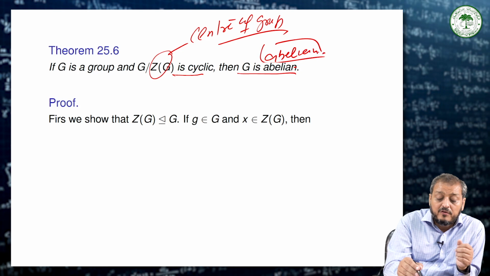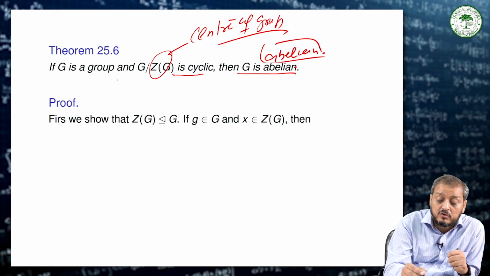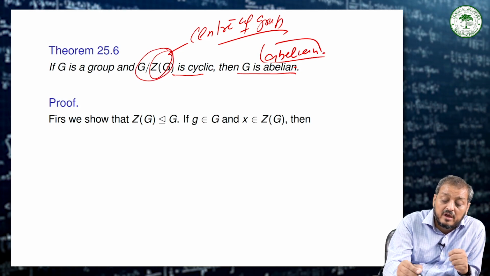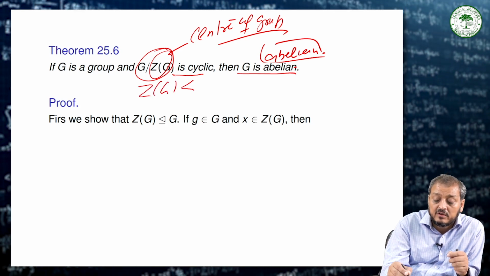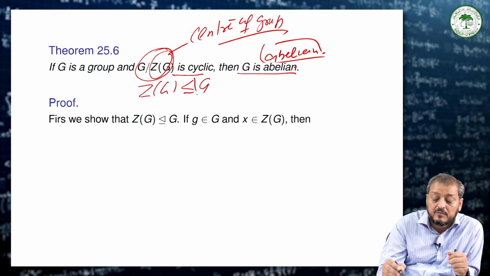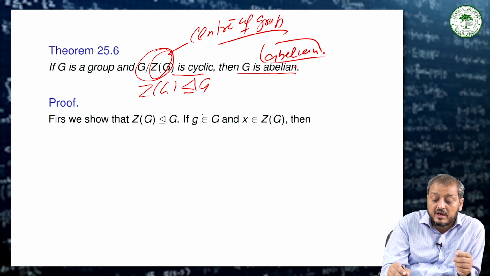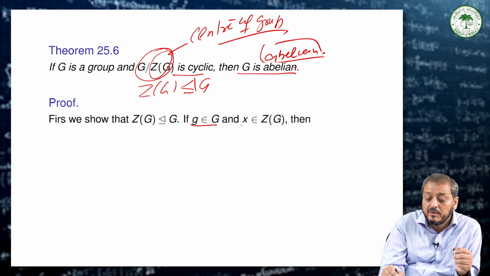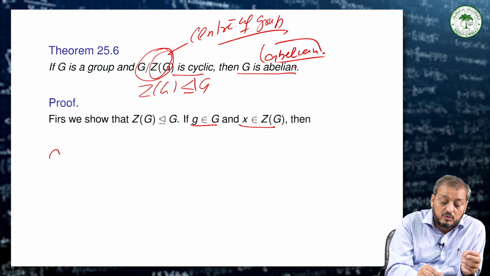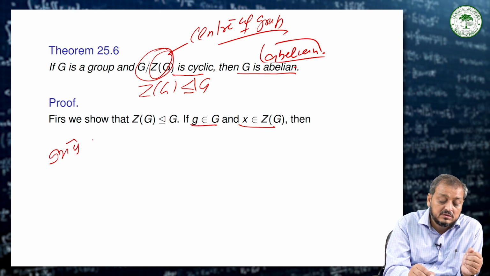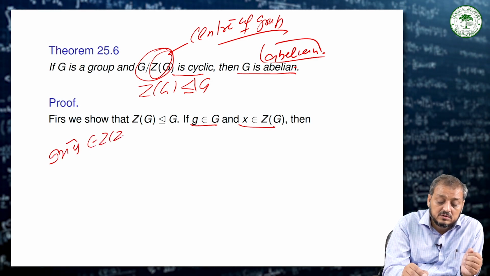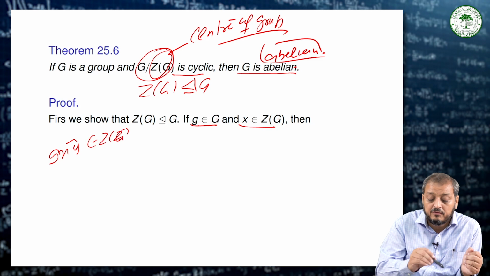First we show that Z(G) is normal in G. We take any element g of G and x an element of Z(G). Then we have to show that gxg^-1 also belongs to Z(G).